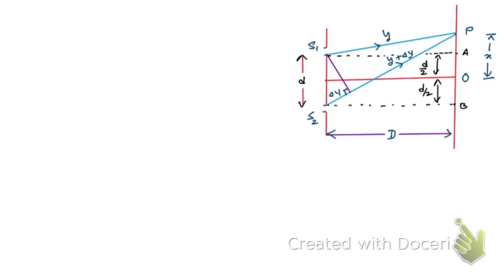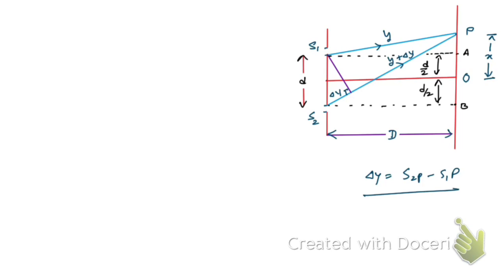This is the diagram. Now in order to find the path difference dy, that is equal to S2P minus S1P, first let us take the triangle S2BP, this triangle. Hope you can see this on the figure.